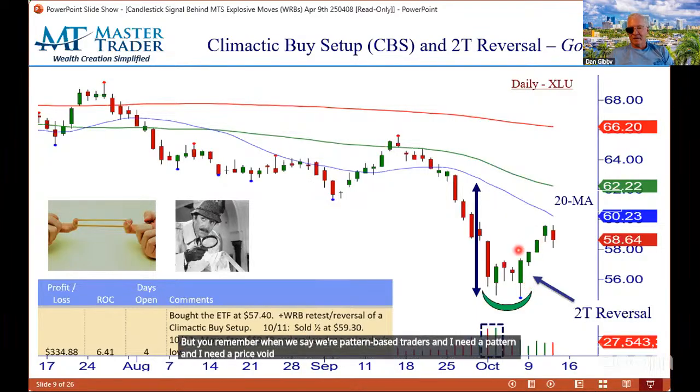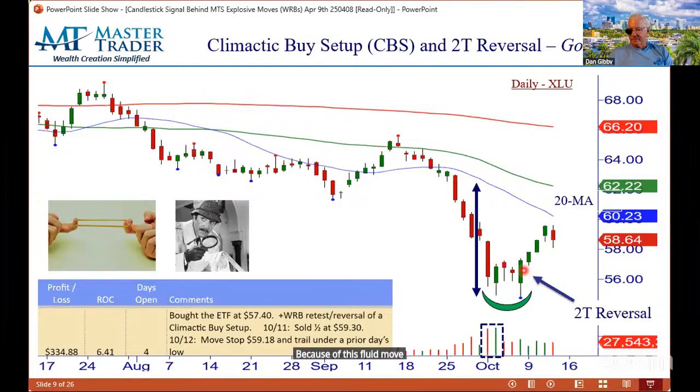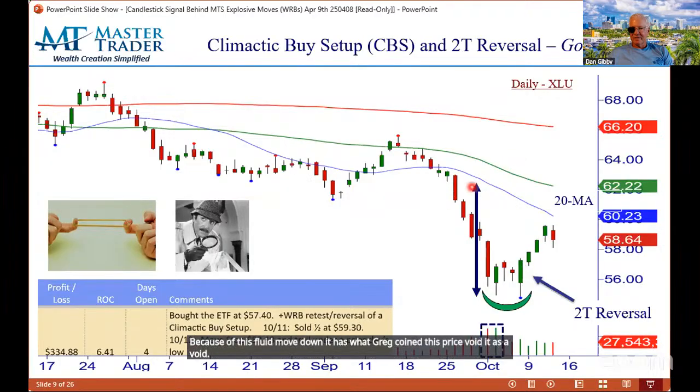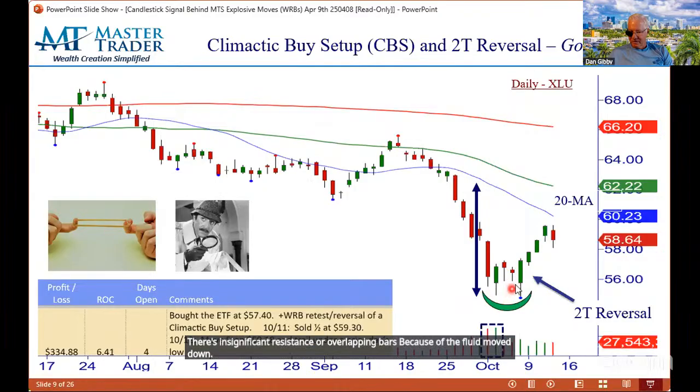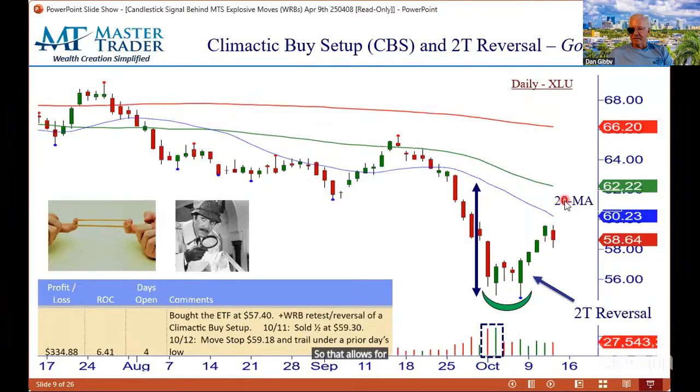What we mean by that is, for longs, look to the left. Because of this fluid move down, it has what Greg coined a price void. There's insignificant resistance or overlapping bars because of the fluid move down. So that allows for a fluid move back up.